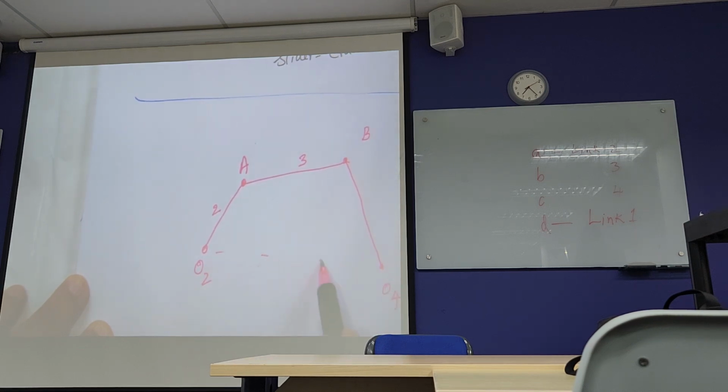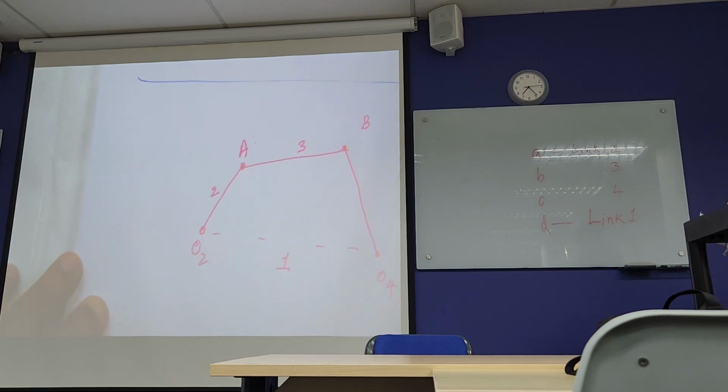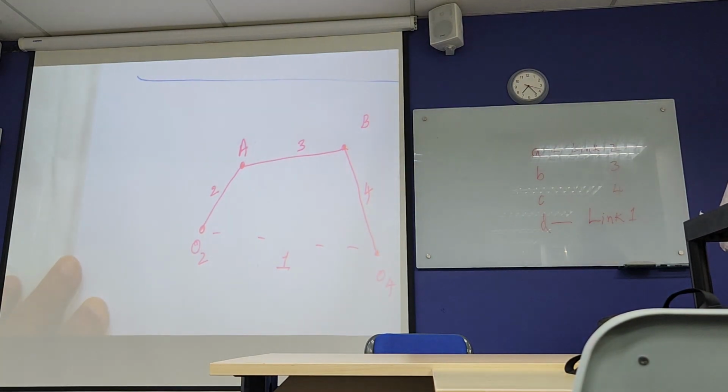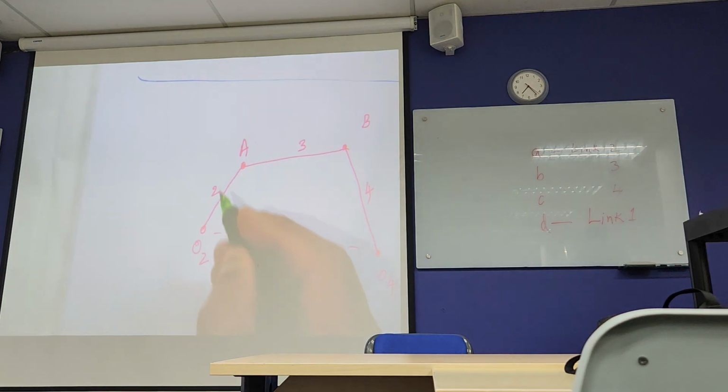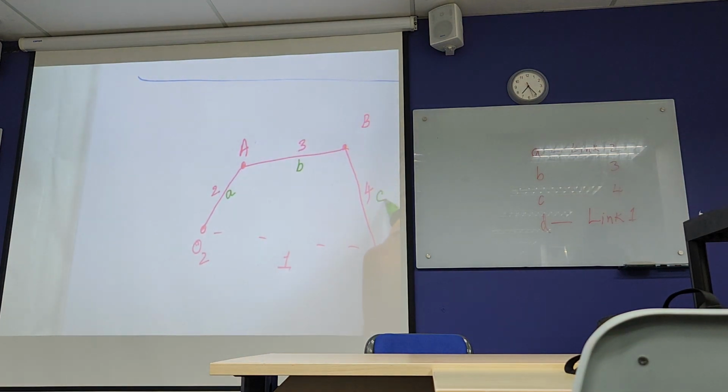So this is your link 1 or the ground link. This will be your link 4. When we use the alphabetical notation, this is A, this is B, this is C, and this will be D.